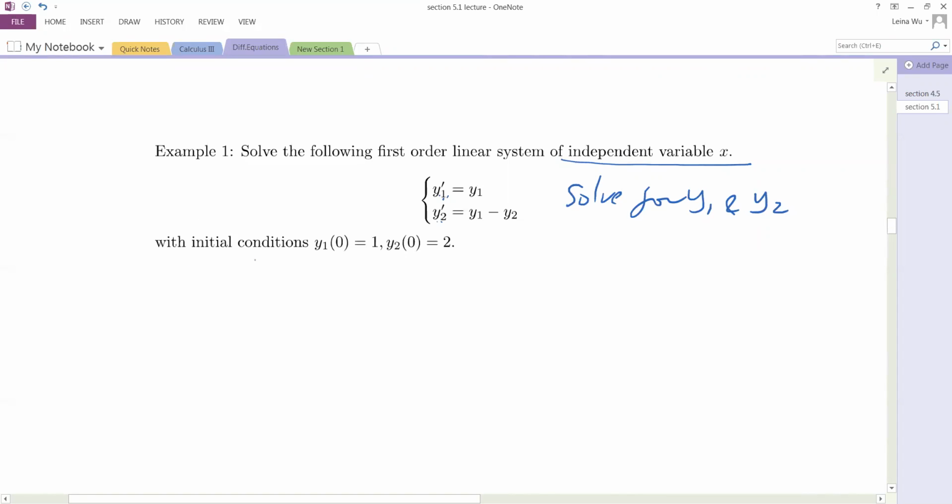It also gives you the initial conditions: y1 at 0 is 1, y2 at 0 is 2. We can label the equations: this is equation 1, that's equation 2. All right, I'll give you a few minutes to think about any ideas you want to use to solve this system. Is there a particular equation you would start with?